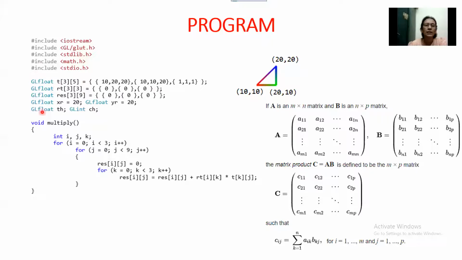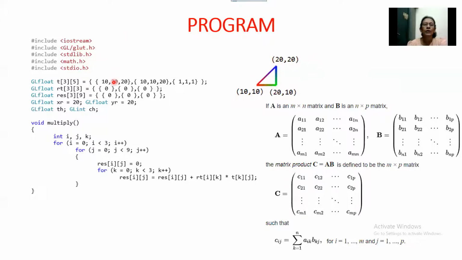Next, these are the global variables that we declare. This triangle T33 gives you the coordinates of the triangle. The vertex points are 10, 10; 20, 10; and 20, 20.